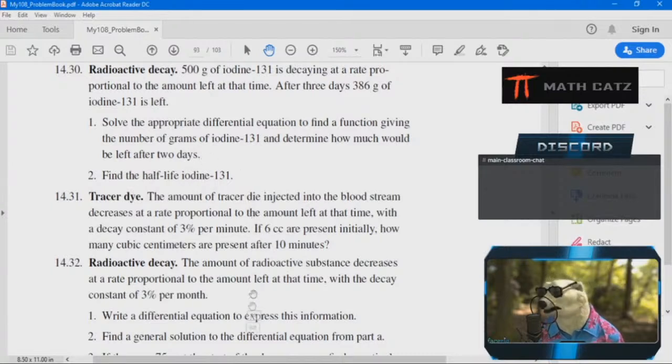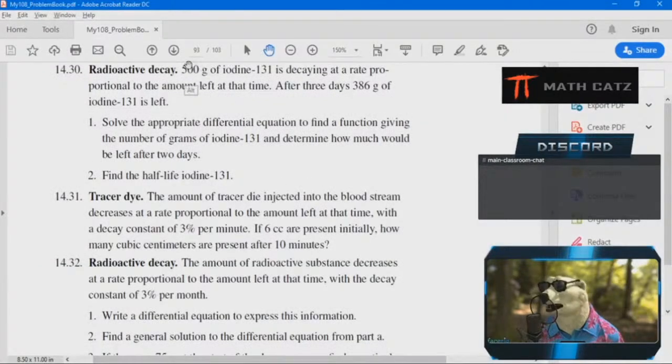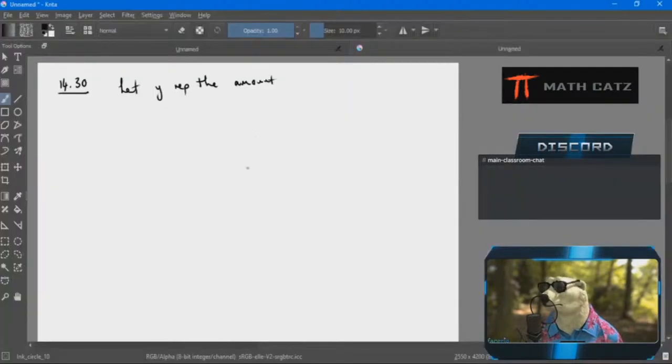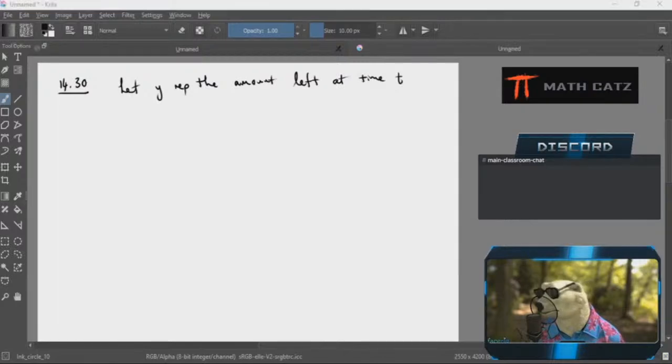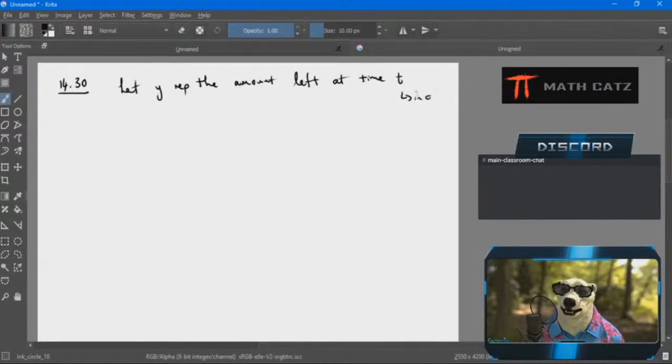Well, one thing at a time. We have to define our variables first. Let y represent the amount of iodine 131, though we don't have to be too detailed in our sentence, the amount left at time t, and it seems like time is in days this time.